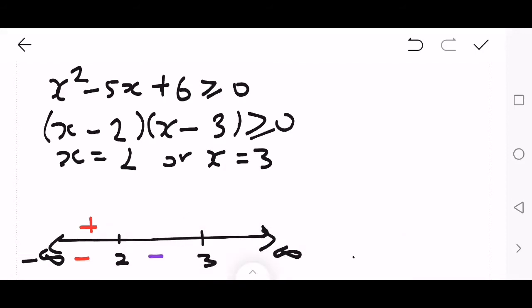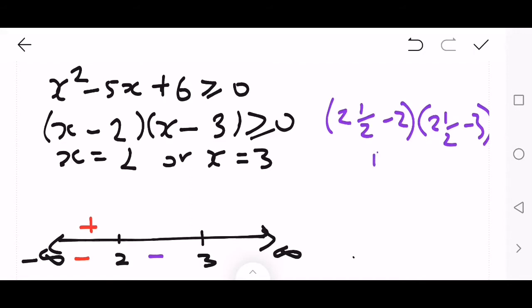A number from here would be 2.5. So substituting, we have 2.5 minus 2, 2.5 minus 3. 2.5 minus 2, well, we have a positive half, multiplied by 2.5 minus 3 will be a minus half.